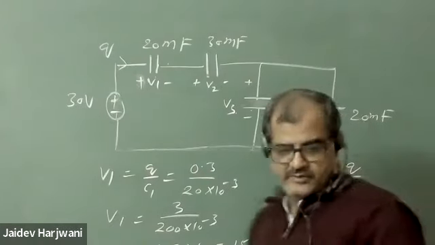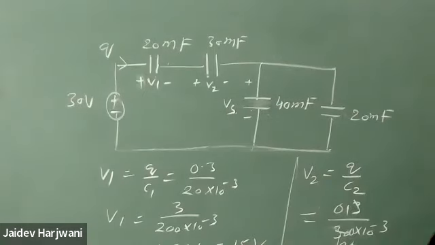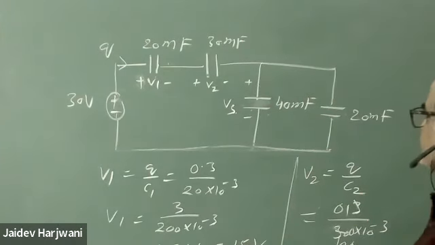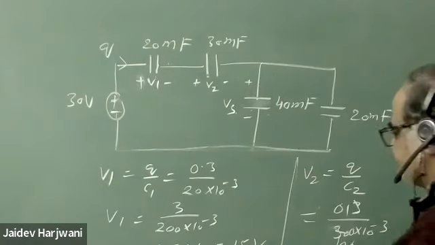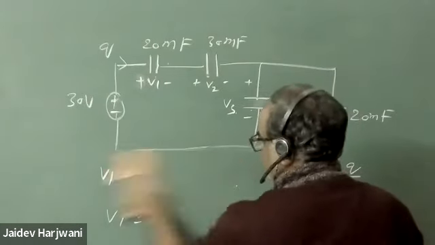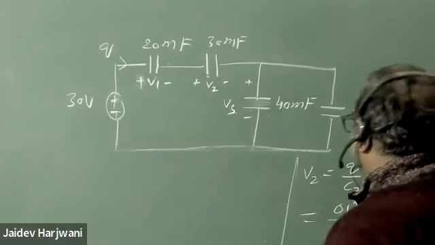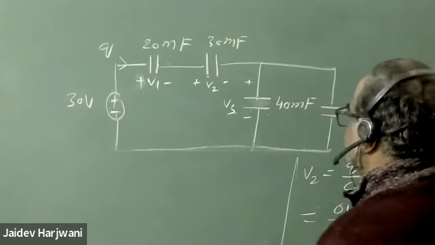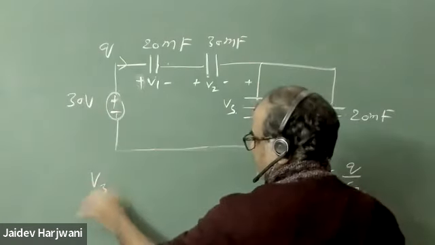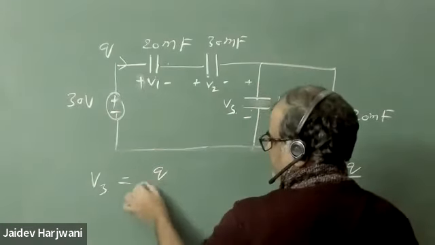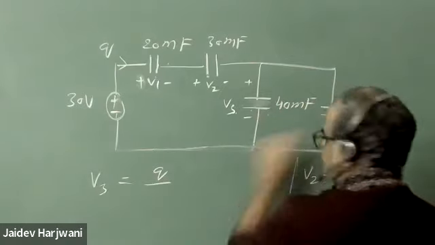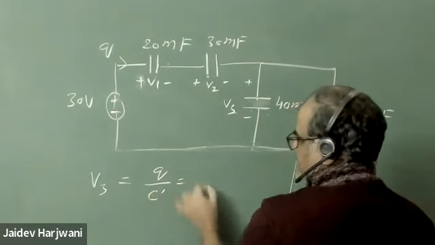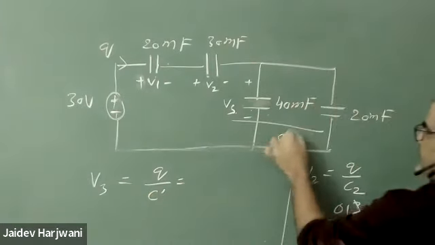Now what about V3? In order to calculate V3, I have already calculated the equivalent of these two. The equivalent of 60 and 20 was, total, 60. So V3 will be Q upon the equivalent of these two, say C dash, which is 60 millifarad.